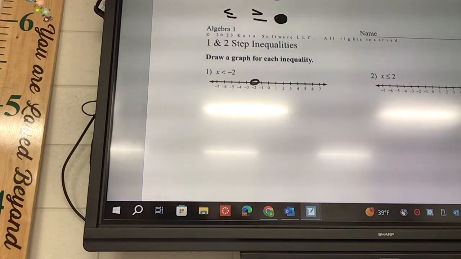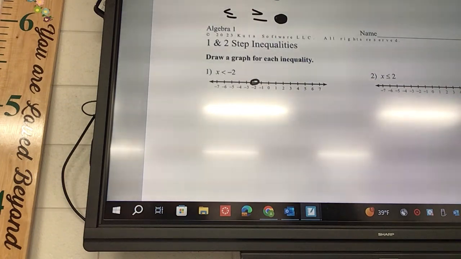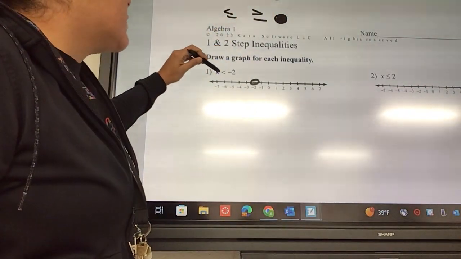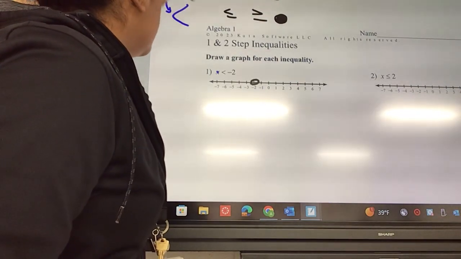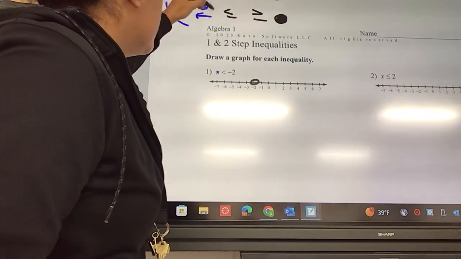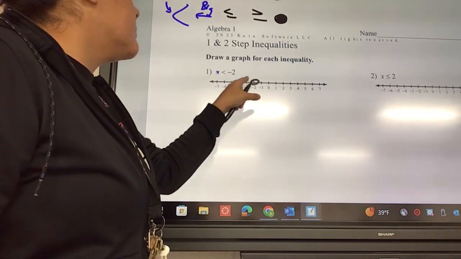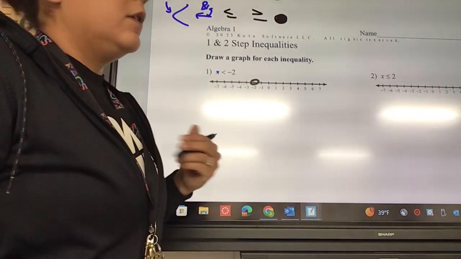So what I do is you can read it from the letter to the number. Are we going to touch the small part of the mouth first, or the big part? Small. So which way is going smaller, negatives or positives? Negatives.